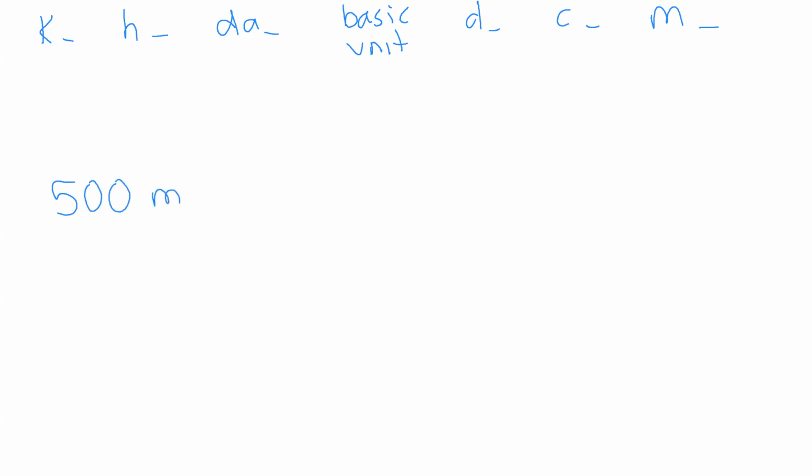All right. So let's say we have kilograms this time, or let's do milligrams. All right. So let's say that we have 500 milligrams, and let's convert that to decigrams. All right.